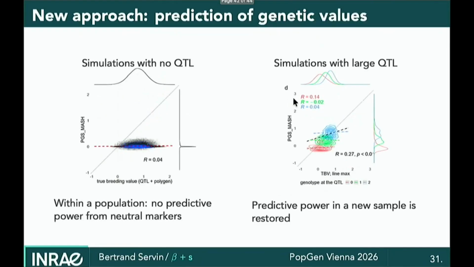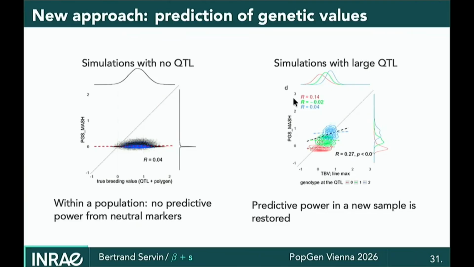So when we try to predict genetic values with these new betas within a population, we don't have any prediction power anymore. We cannot predict the trait with markers that are just not relevant for the trait, which is good. However, when we're trying to predict the plus line, having trained the model on the minus line, we do have predictive power as far as we can have.